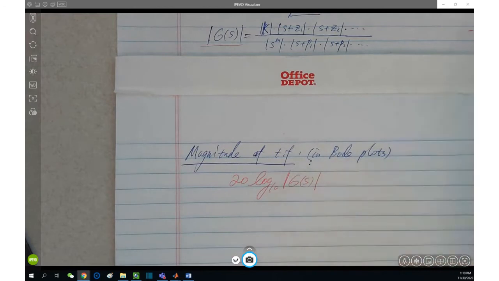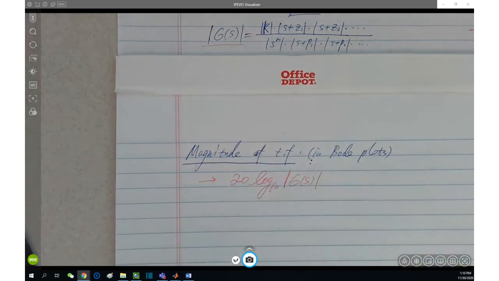First, you need to know the magnitude displayed in Bode plots is actually 20 times log 10 of the magnitude of the transfer function.